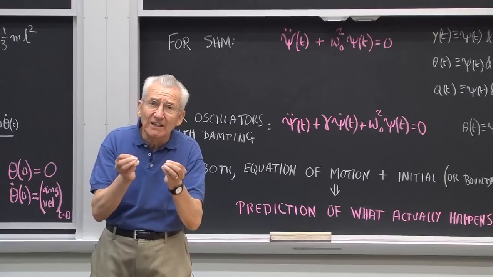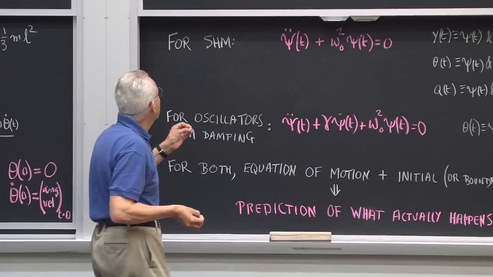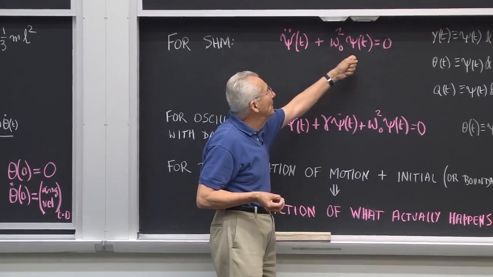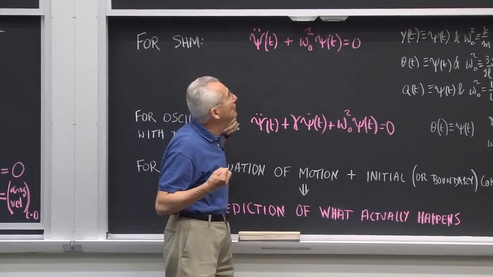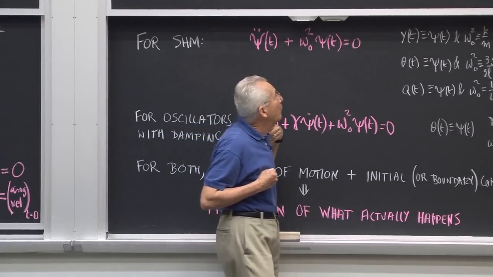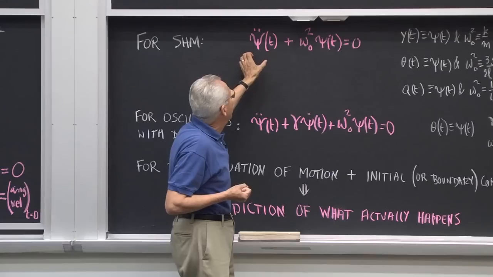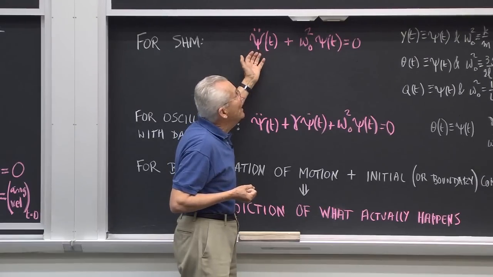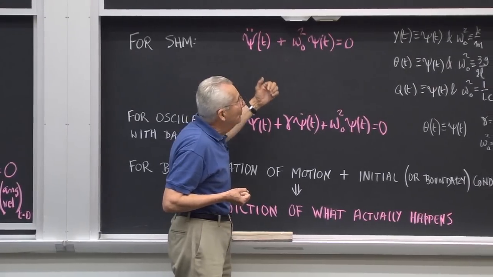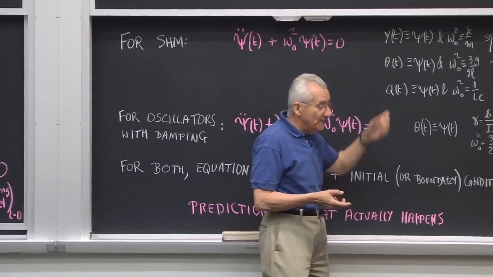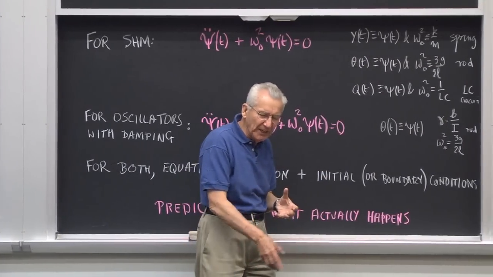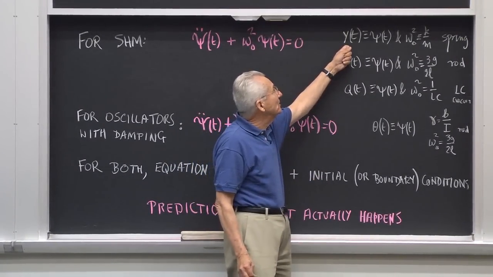In each case, we found that the equation of motion looked exactly the same. The only difference was what the name of the variable was. For example, in the case of the spring, we called the displacement from equilibrium a distance.